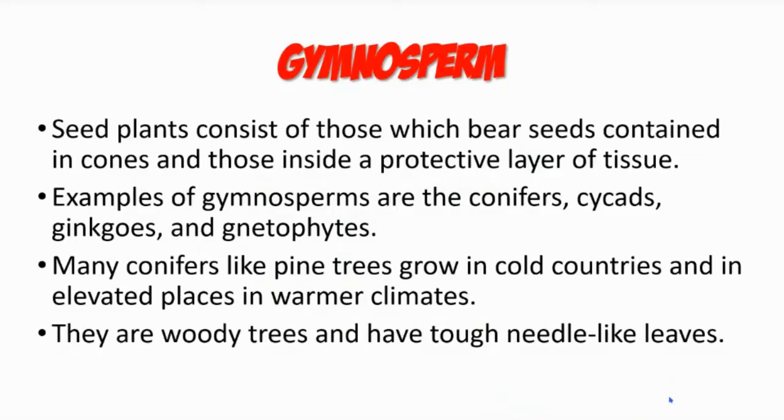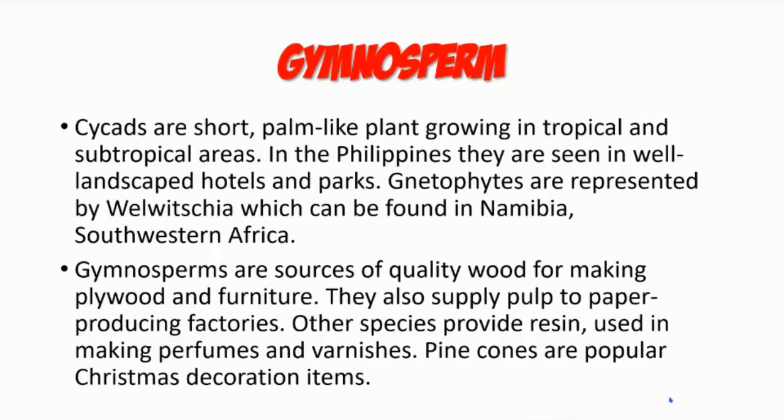And then cycads are short palm-like plants growing in tropical and subtropical areas. Sa Pilipinas, they are seen in well-landscaped hotels and parks. Gnetophytes are represented by welwitschia, which can be found in Namibia, southwestern Africa. So, gymnosperms are sources of quality wood for making plywood and furniture.